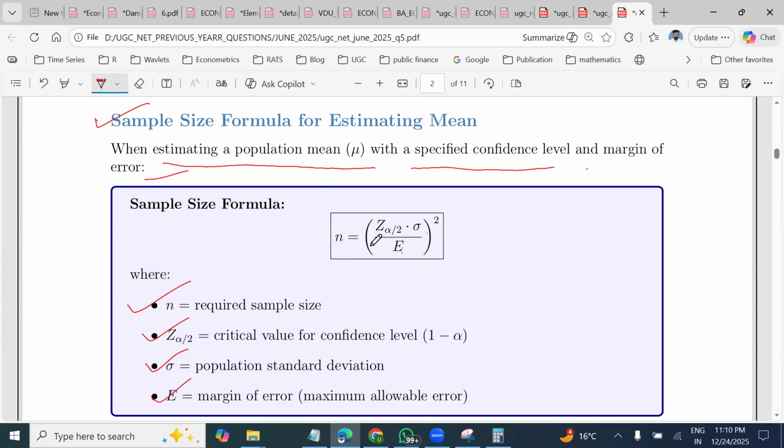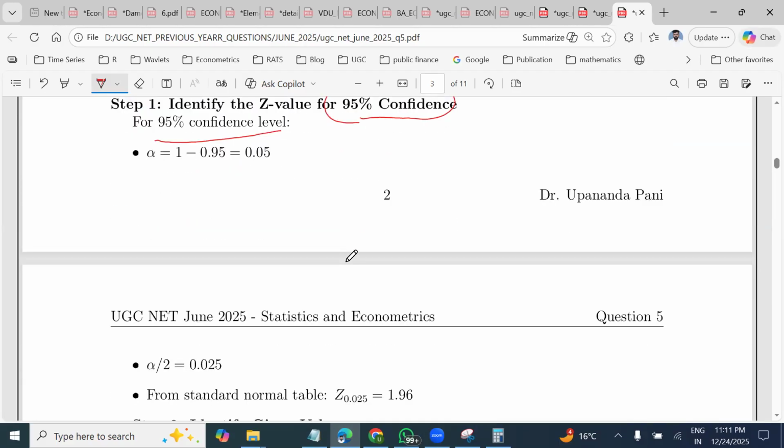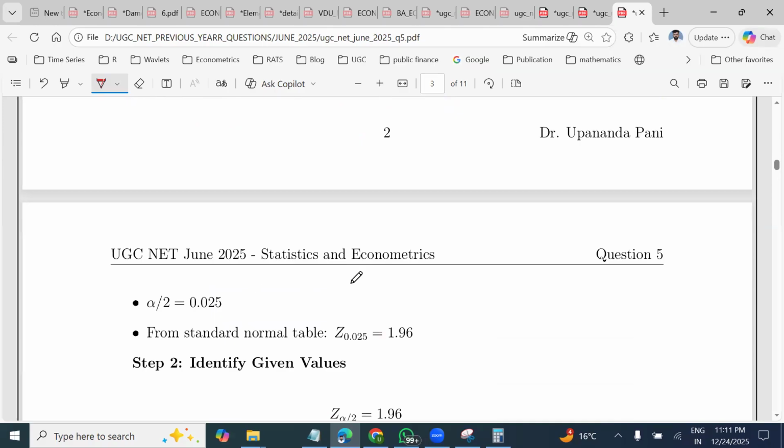Now you can go whatever it is given to you. First, you have to identify the Z value. But the Z value will not be given in the exam. As I told you, certain Z values you have to remember. One or two values you can easily remember, not a problem. So 1.96, I told you, Sangeeta, earlier, for 95% level of confidence or 0.05.